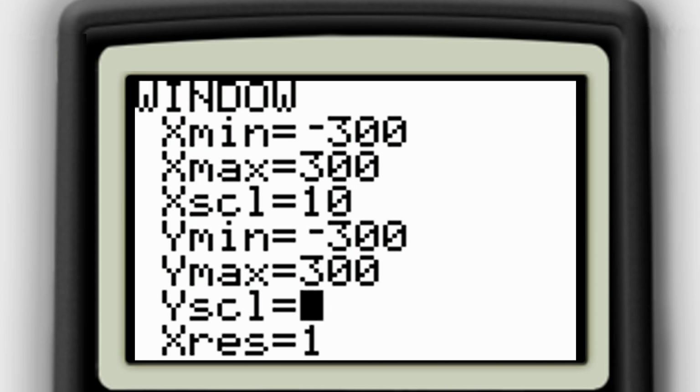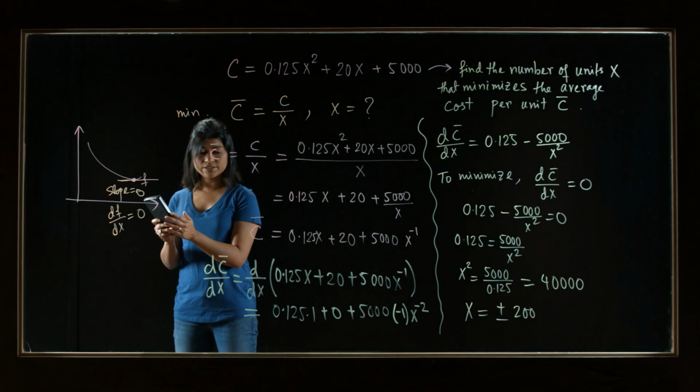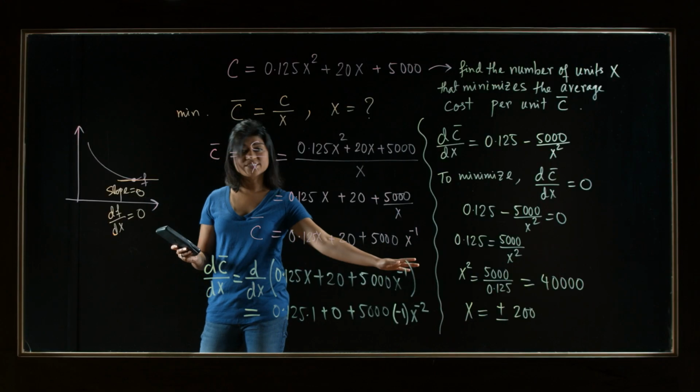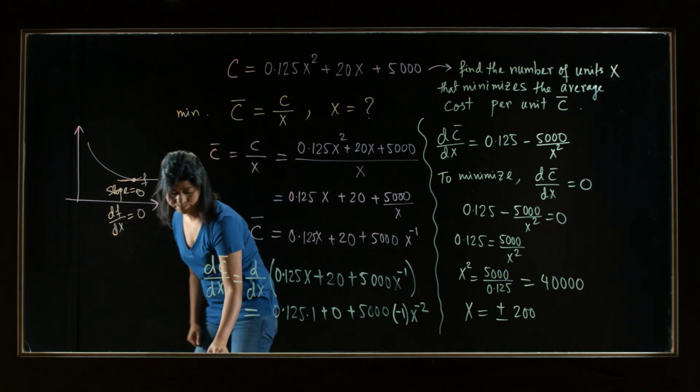And same for y, negative 300 to 300, scale 10, and then graph it. Now use the trace function and plug in x equals 200. And look, y is 70 and that point is the minimum for this graph. So using the graphing utility, we confirm that x equals 200 will give us the minimum C bar.